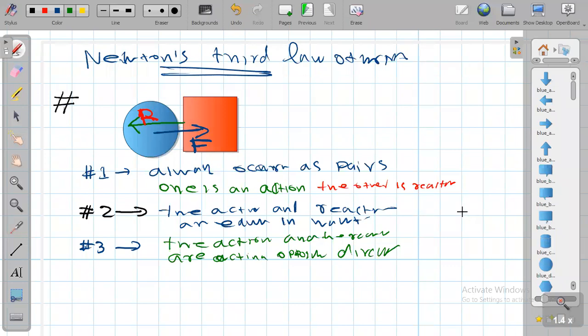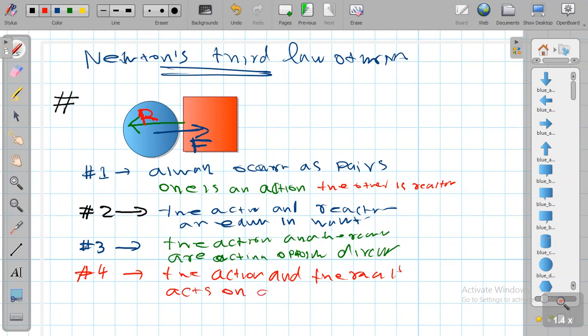Write this in a new line. The last one: the action and the reaction act on different bodies.